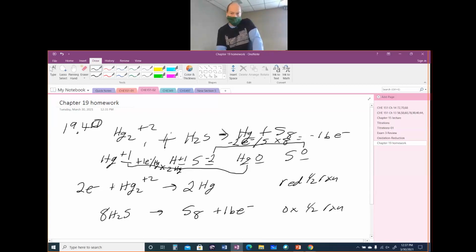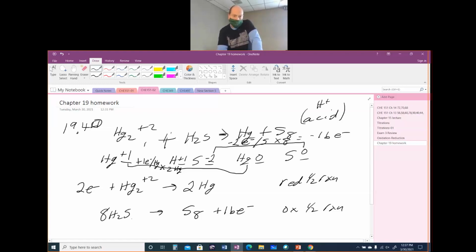All right, so now I balance the charge, and in 1940, this one says acid, so that is important because when we're going to balance the charge in acid, we use H+. All right, so on the first one, we got minus 2, we got plus 2, we got 0, and on the other side, 0. That already has a balanced charge.